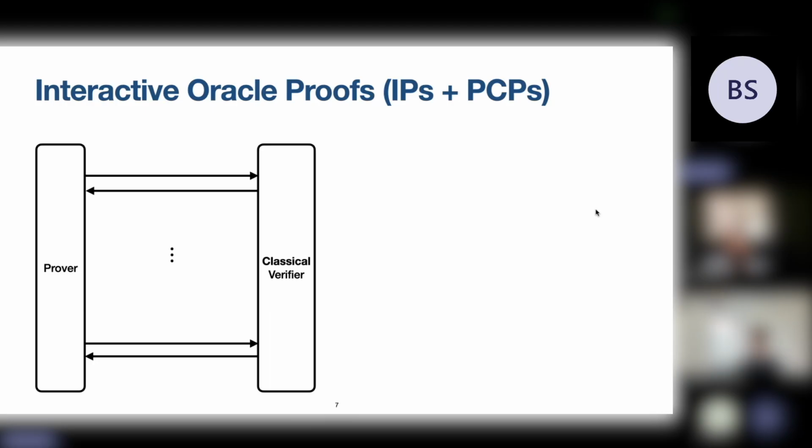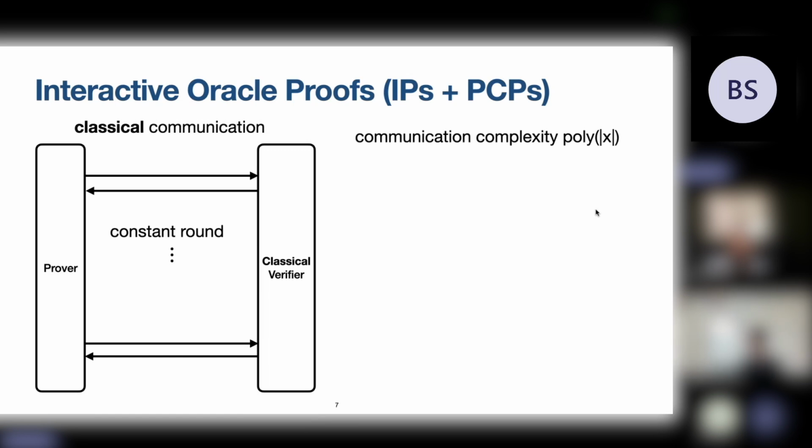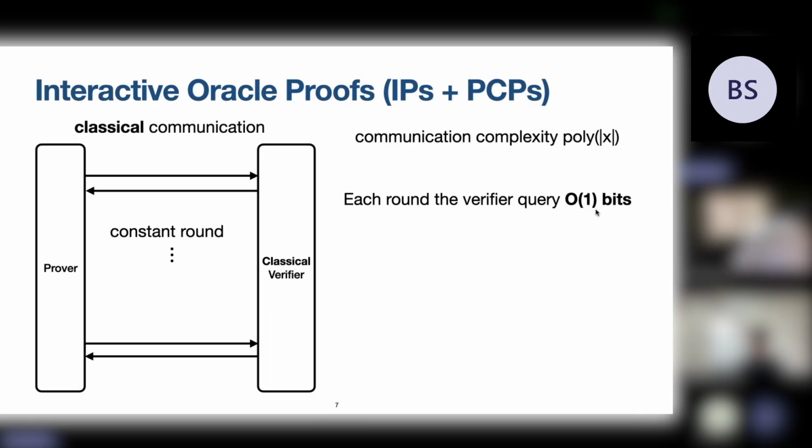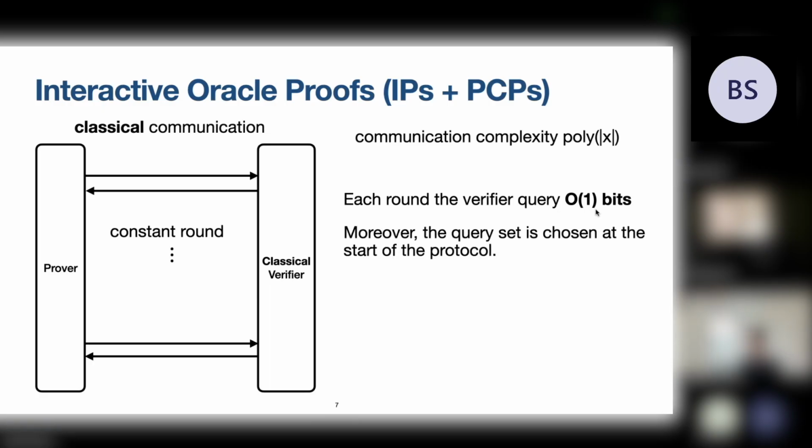And then I would like to introduce interactive oracle proofs, which are a combination of IP and PCP. It's an interactive proof. You have classical communication, constant rounds, polynomial communication, and at each round, the verifier queries constant bits.